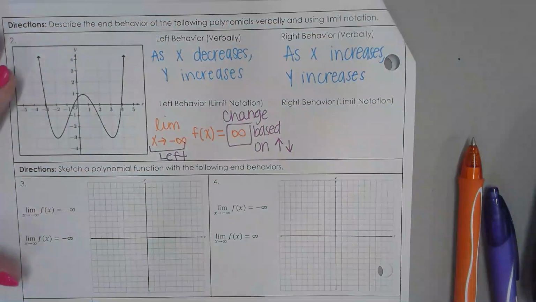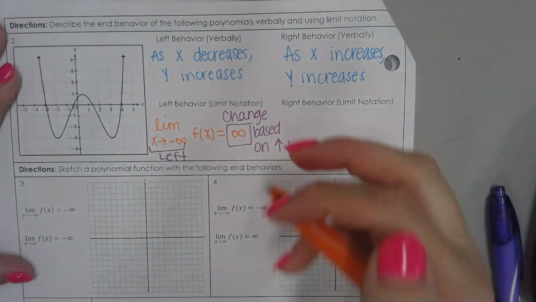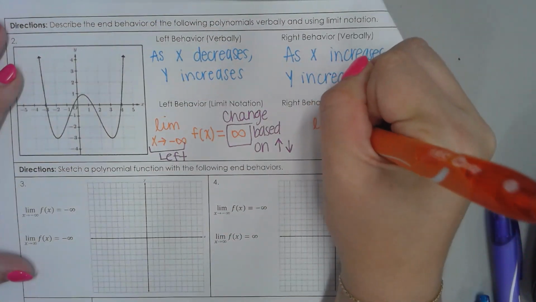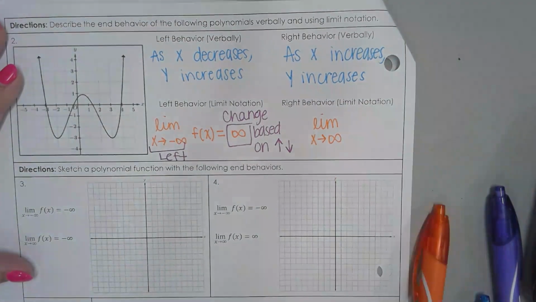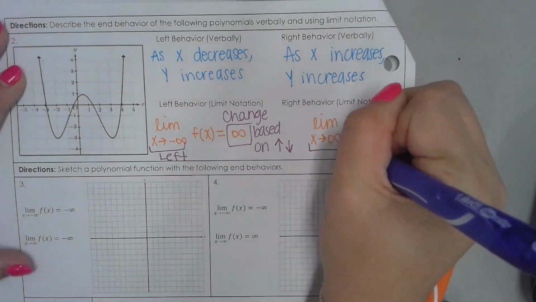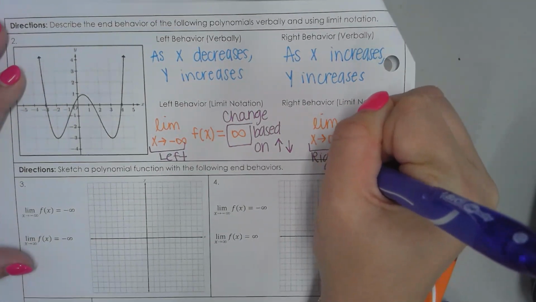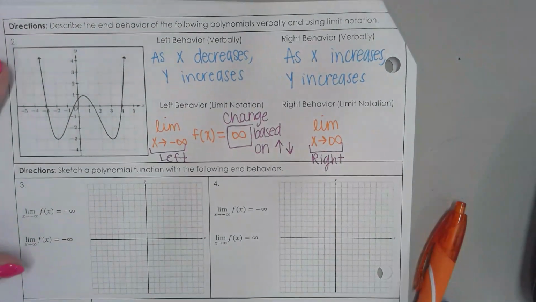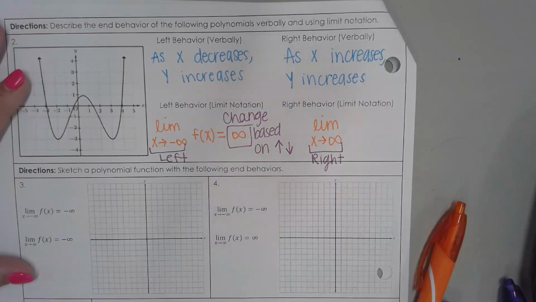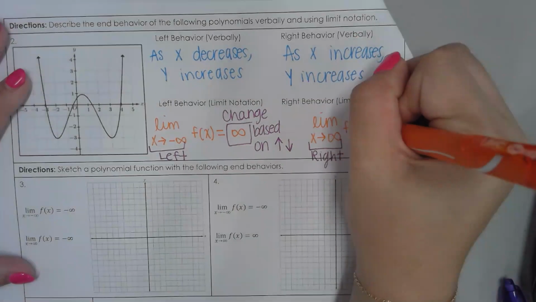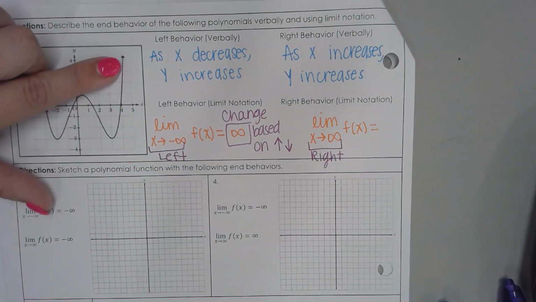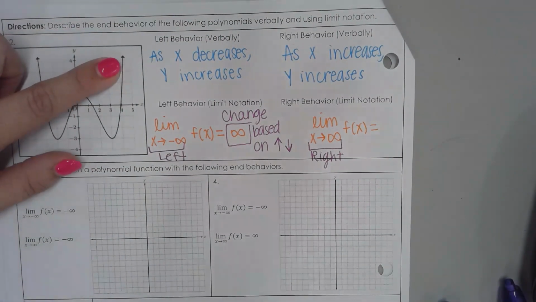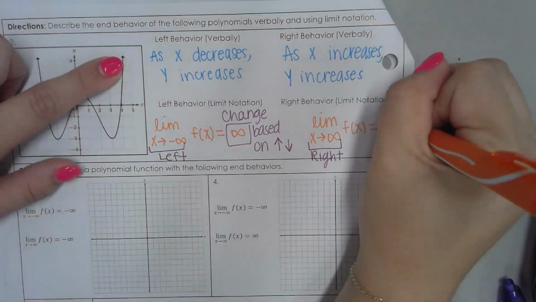So the limit as x approaches infinity. When you see x approaches infinity, that means we're talking about the right side of f of x equals. So since my arrow on the right is pointing up, again, I'm going to put a positive infinity.